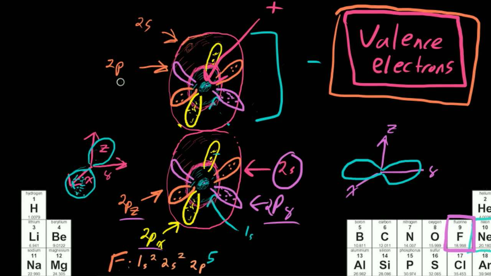So when our 2p electrons fill up their orbitals, you have the greatest probability of finding those electrons within these type of lobe-like shapes.